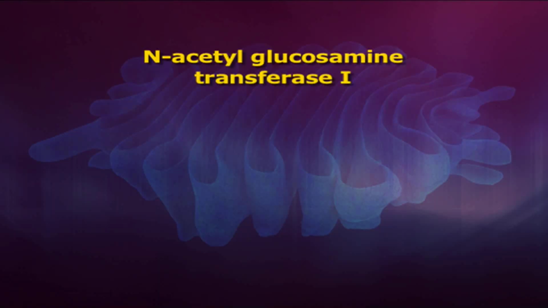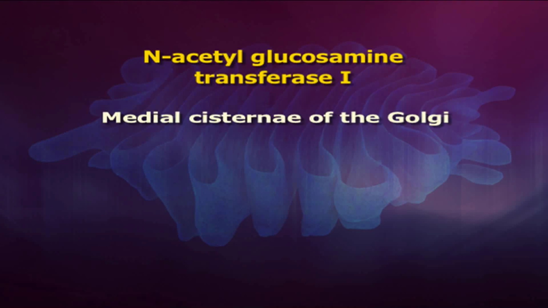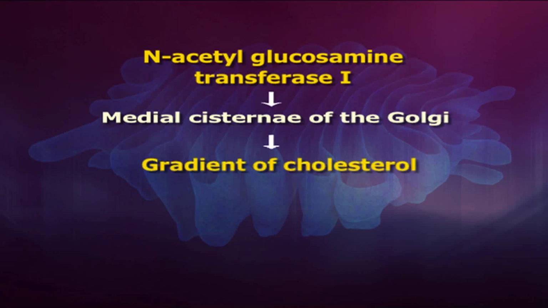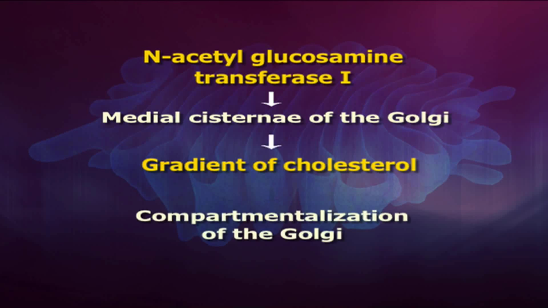Using monoclonal antibodies and electron microscopy, it has been found that N-acetylglucosamine transferase 1 occurs in medial cisternae of the Golgi. Additional evidence indicates that the compartmentalization of the Golgi complex is provided by the presence of a gradient of cholesterol from the cis to the trans stacks.